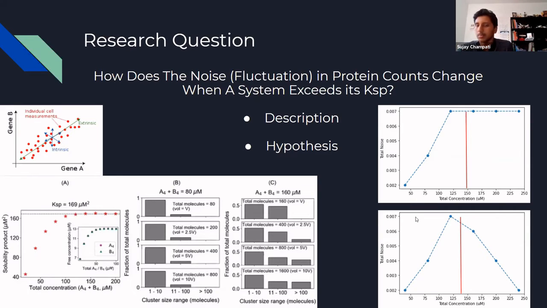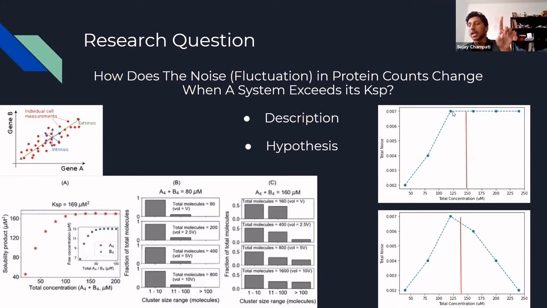Based on that, we've come up with two graphs over here. These two graphs plot the total concentration, which means as we keep adding two molecules to a solution, what the total noise is going to be. So far, we think that beyond this threshold concentration, which we think is at about 140 micromolar, the noise is going to go up.